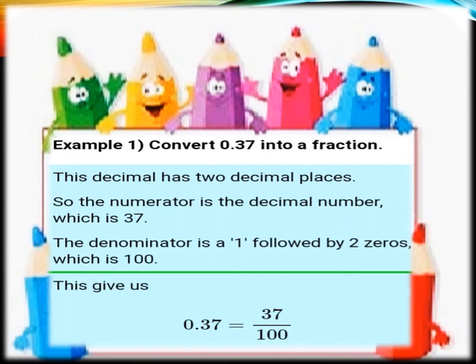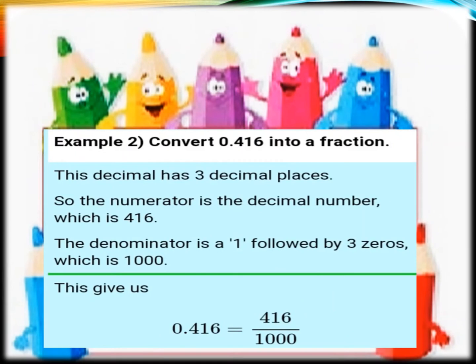So this will give us 0.37 is equal to 37 upon 100, because the decimal places are 2, so there will be 2 zeros. In another way we can say 10th place and 100th place. 3 is at the 10th place and 7 is at the 100th place. So this is 37 upon 100.